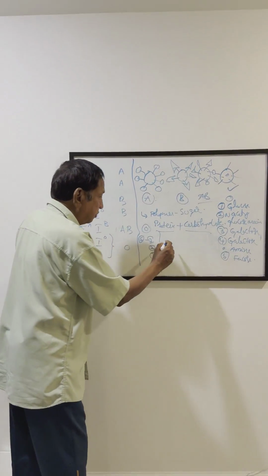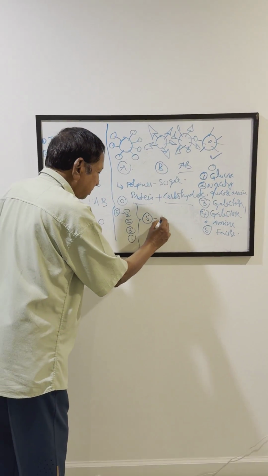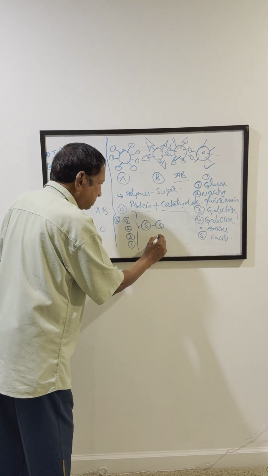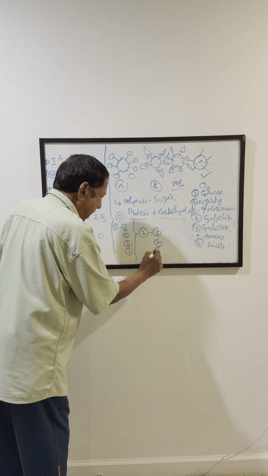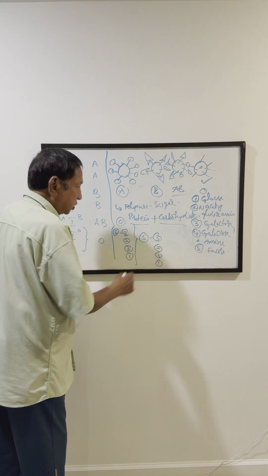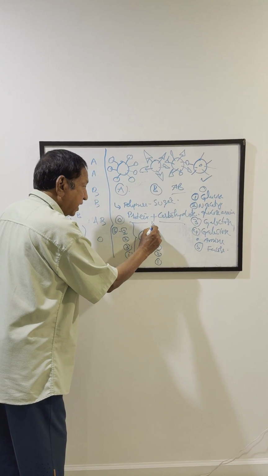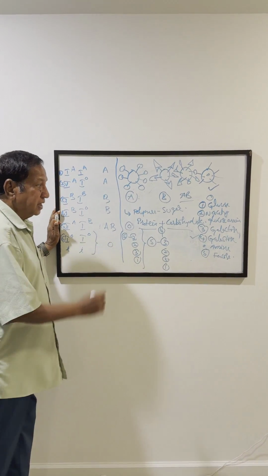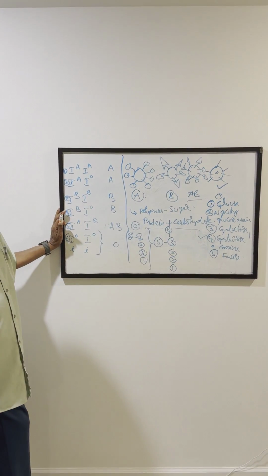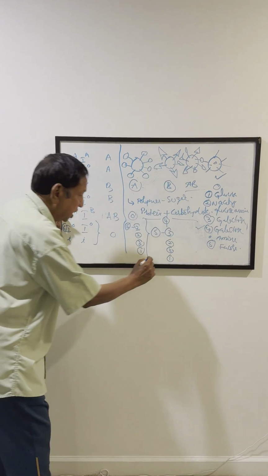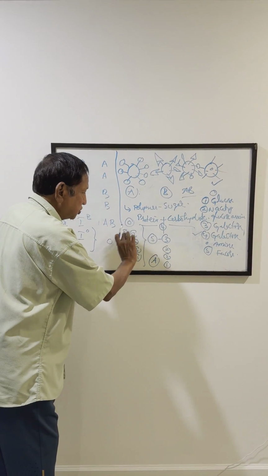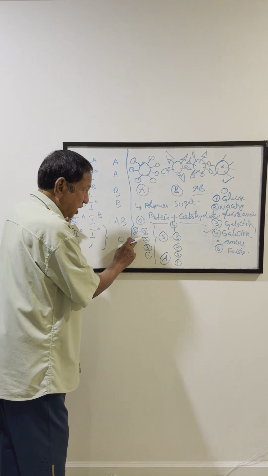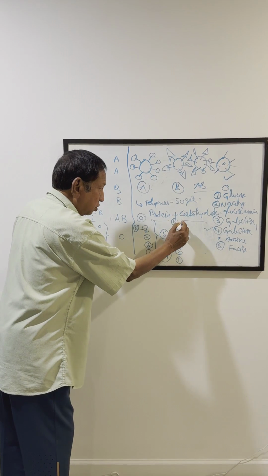This is what is present in the O type of group. In the A type of blood, it has this basic background of the carbohydrate molecule, but it is added with the fourth sugar, N-acetyl galactosamine. That forms the A group. Now you see the difference between the basic and the A group.